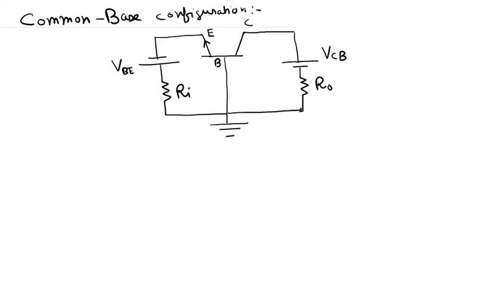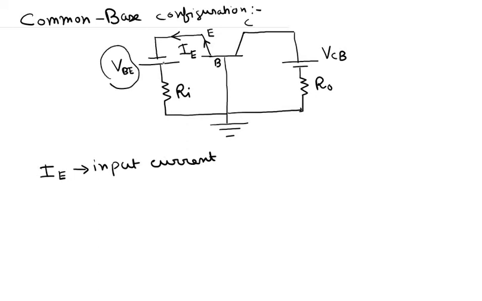And in this configuration, the base to emitter is the input side, and the emitter current is the input current. So the emitter current is flowing in this direction. This emitter current is the input current. Okay, and VBE is the input voltage source.